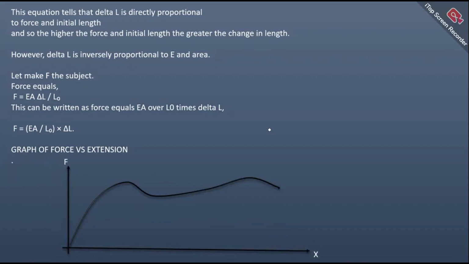So it will come up something like this. From here to there, we can see it's more like a straight line. This line is known as the proportionality region. Why is it known as the proportionality region?